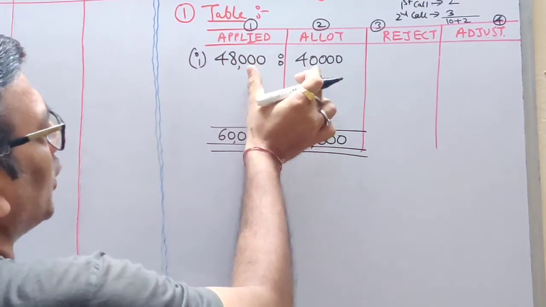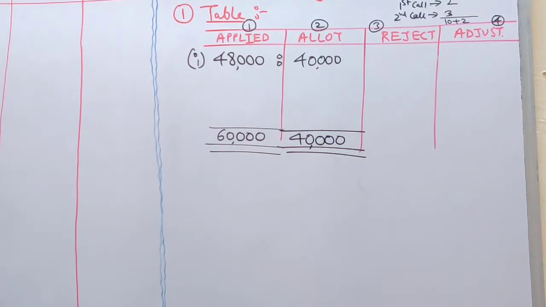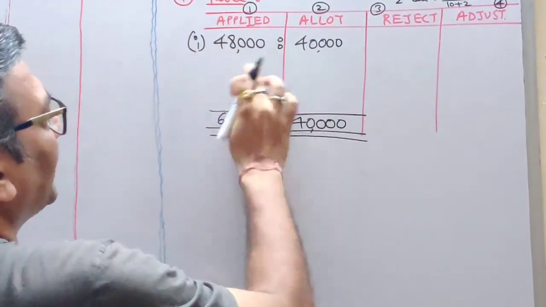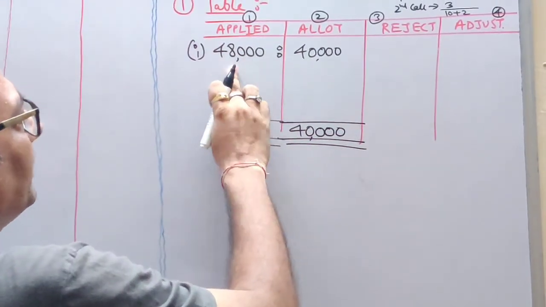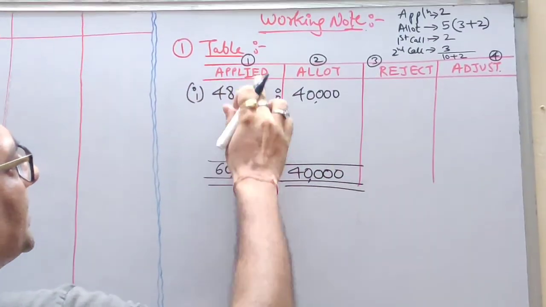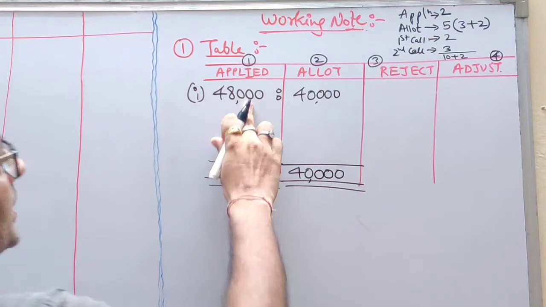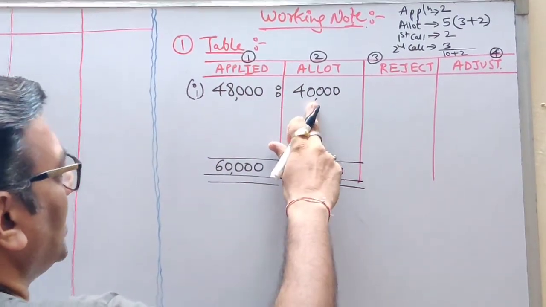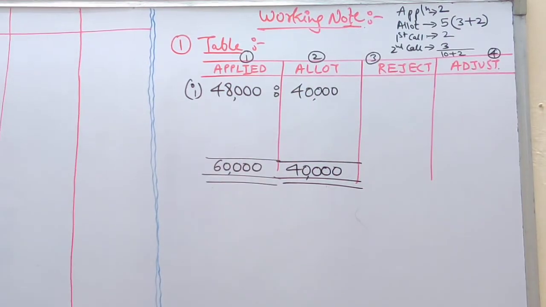Now this is also called partial allotment. You are giving partially, you are not giving completely. If you give all 48,000 shares, it is full allotment, but you are not giving equal to 48,000, you are giving less than 48,000. So this is partial allotment.